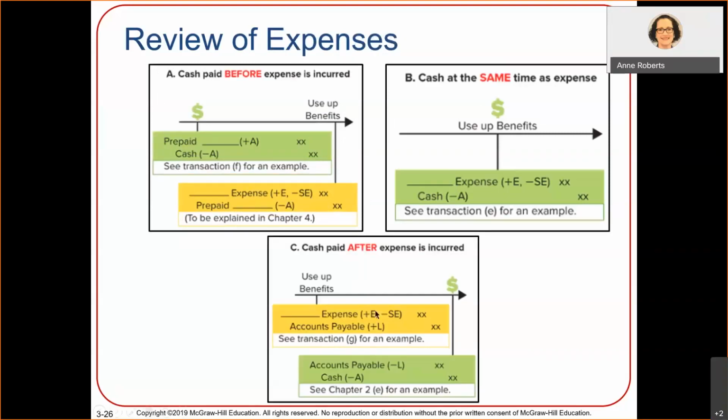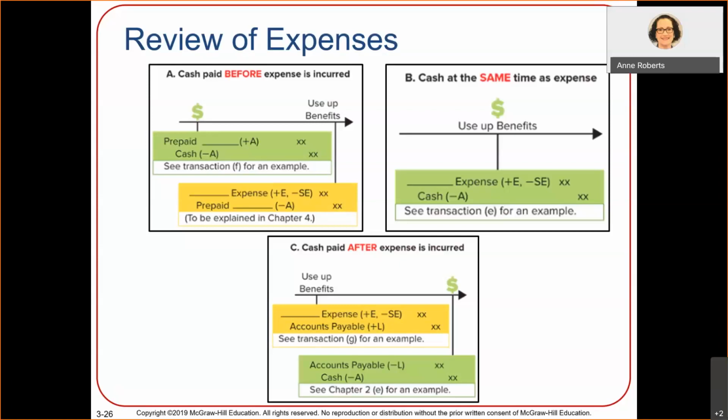Now down here, they would have to tell you what are we buying and what are we using? Did we buy supplies? Was it utilities expense? They could say something like, we used power for this month of $500, but they don't necessarily tell you that you need to charge it to utilities expense.